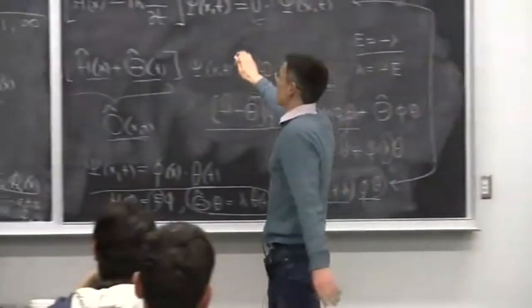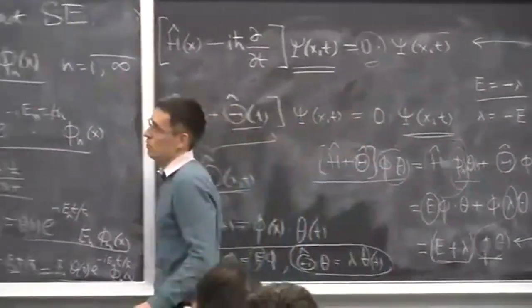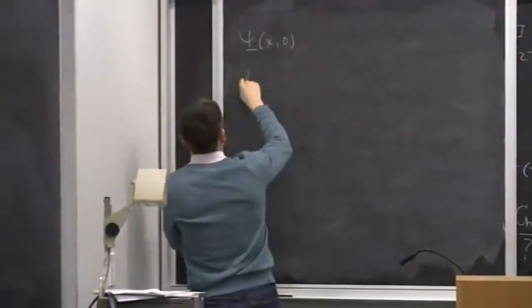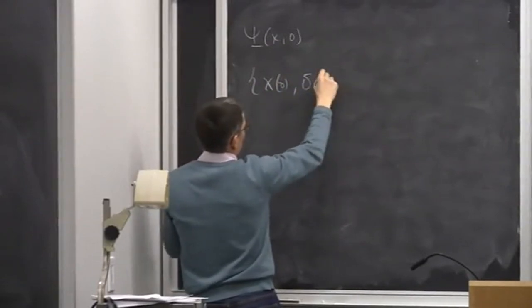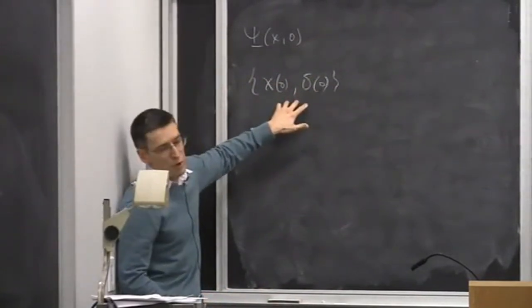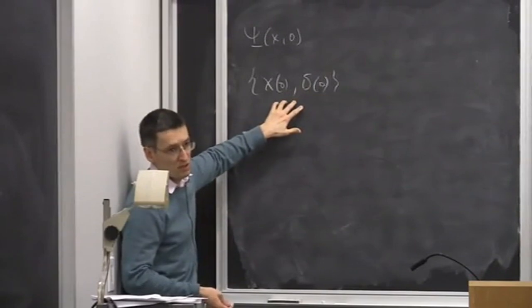In order to solve the time-dependent Schrödinger equation, you need to know what is the initial wave function at 0 time. This is an analog of initial position and initial velocity of a classical object. In classical Newton equations, you need to know where the object you are studying is and what was the velocity in the beginning.